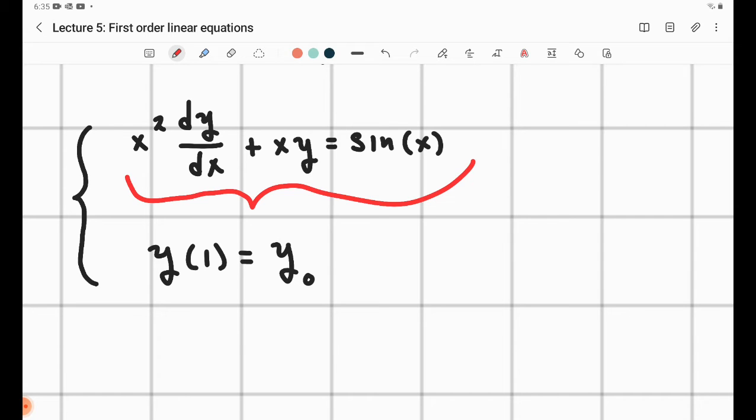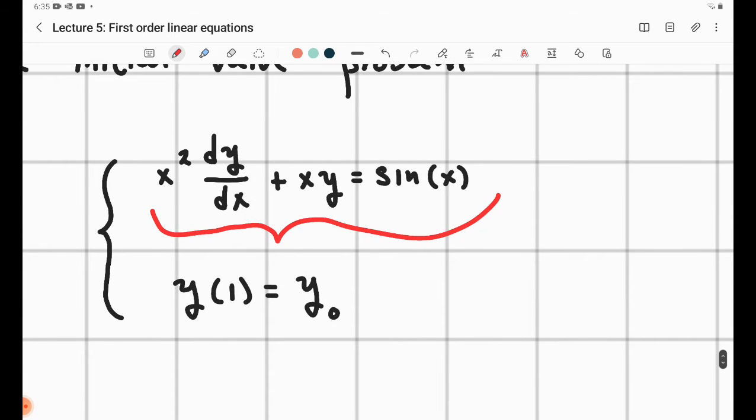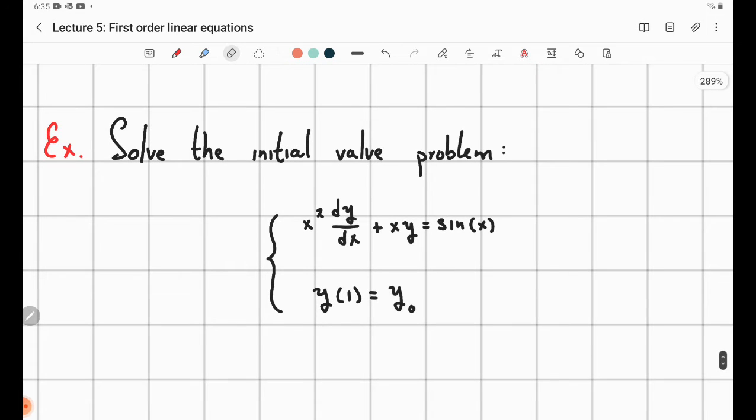Here we have just a plain linear first order differential equation as at the beginning of this lecture. So we have this linear equation and we have to solve the corresponding initial value problem, and the initial condition is given like this. The value of the solution at 1 needs to be equal to some number, which is just y sub 0. Okay, so let's solve this problem.